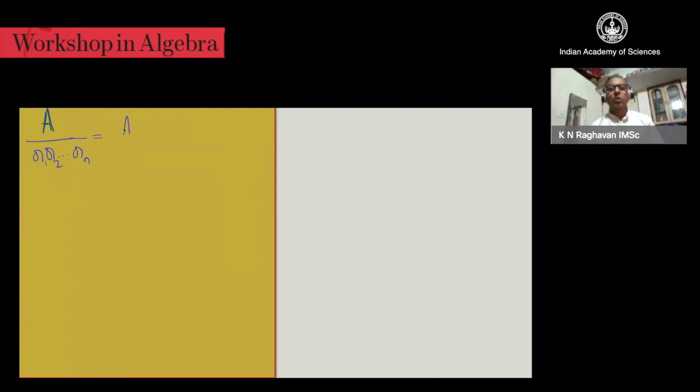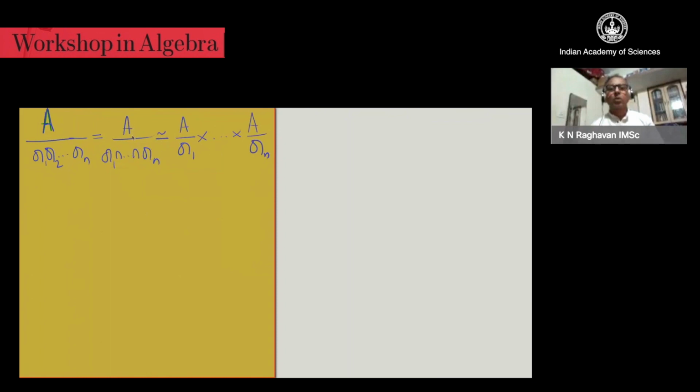This product is the same as this intersection, which we can write now because of what we observed, that the intersection is the same as the product. Now this, I want to say, is isomorphic to this. Actually, maybe it's more precise to say that the natural map is an isomorphism.